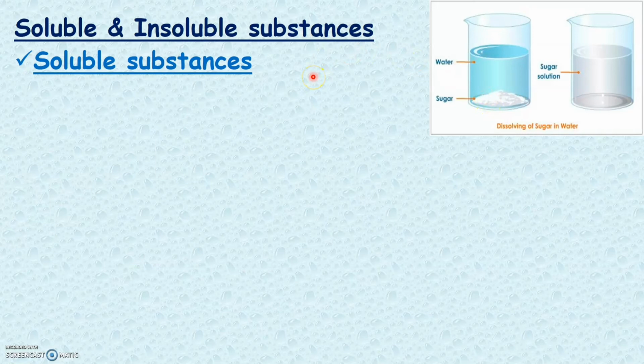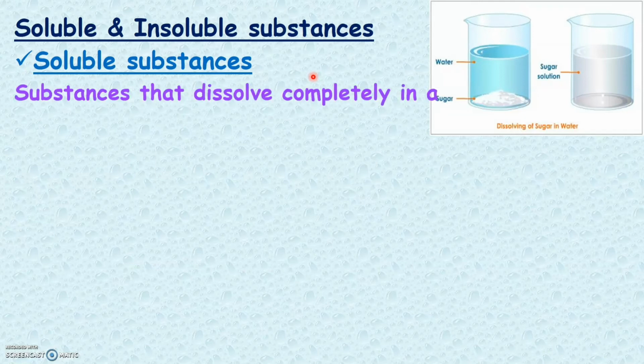So what are soluble substances? Soluble substances are those substances that dissolve completely in a liquid to form a solution. So here sugar and salt dissolve completely in this liquid water to form its corresponding solution. Therefore, they are called soluble substances.